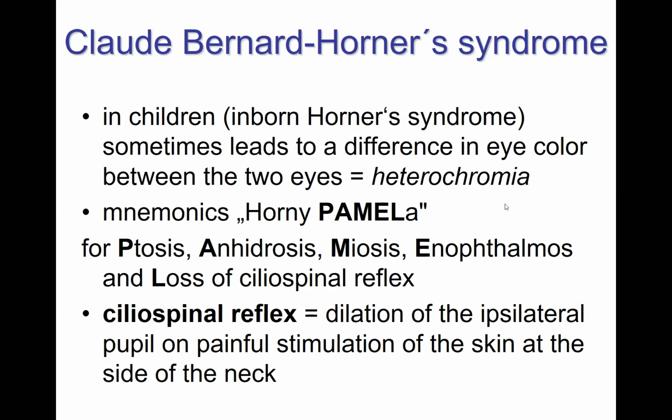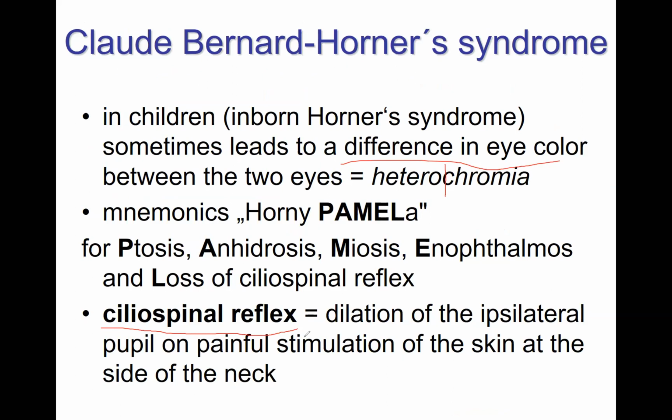So it can be inborn, yeah. If it's inborn, you can have a difference in the eye color, which is called heterochromia. Yeah, chromos color, heteros different. And there's a special reflex which you can try during the break, which we will have in some 10 to 15 minutes. You can try a reflex if you do a pain stimulation of the skin at the neck.